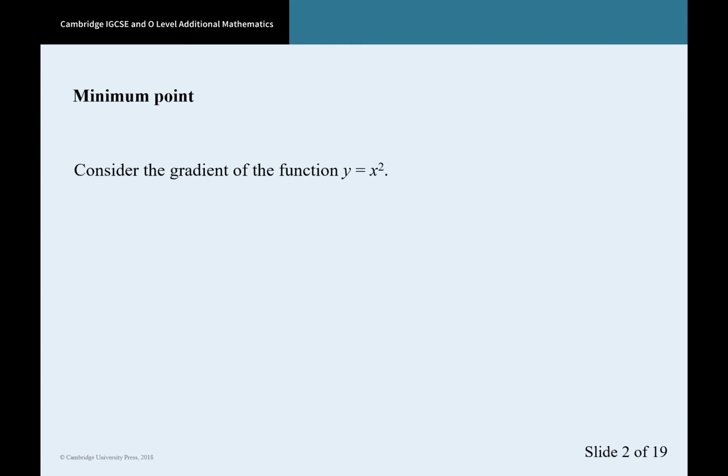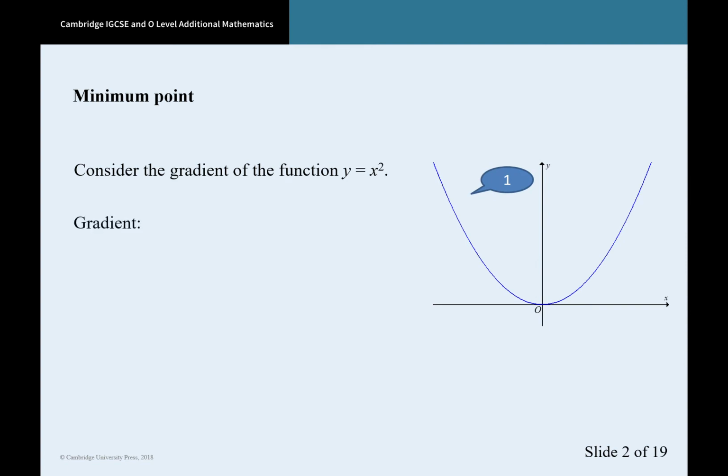Okay, and then for the minimum point, consider the gradient of the function y equals x squared. So the first one is the gradient, and the red color is the gradient. The left hand side means negative and increasing.